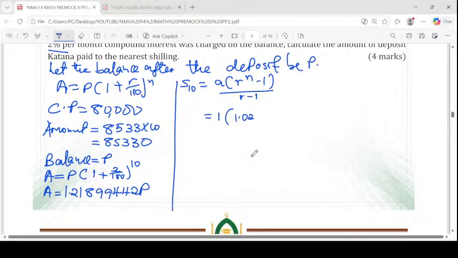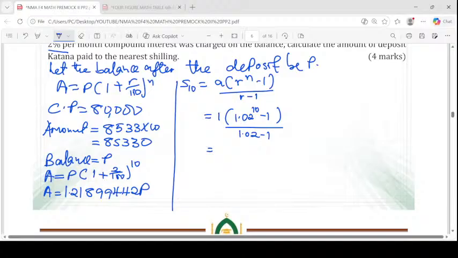My pen has got some smaller issues, but I'm sorting it out. So this becomes to the power of 10, with n being 10, minus 1, over R, which is 1.02 minus 1.